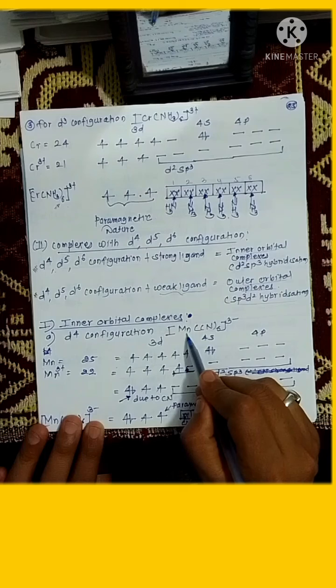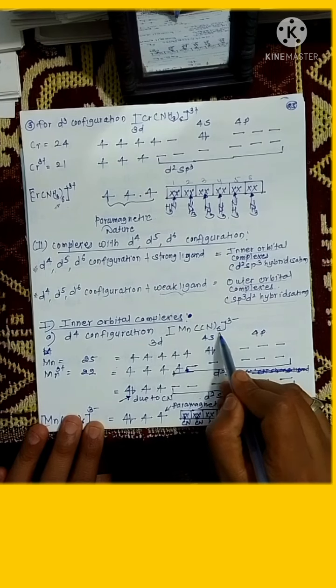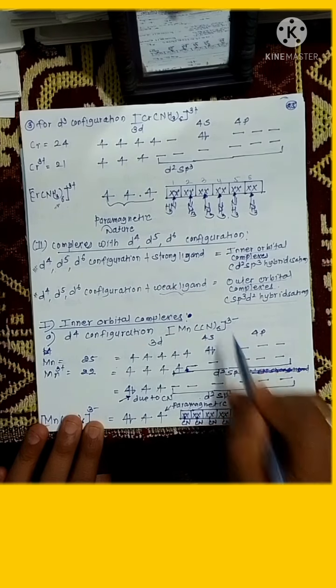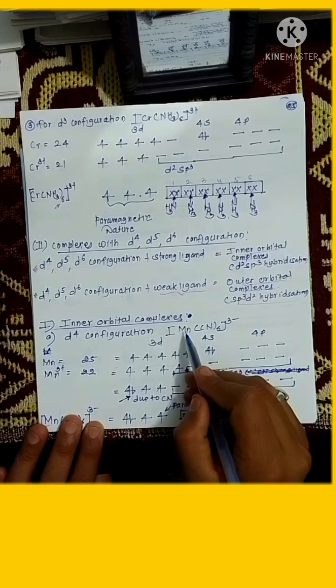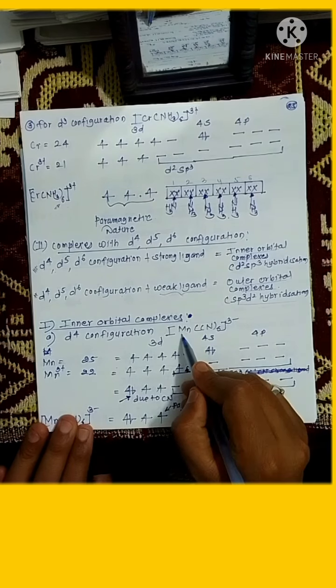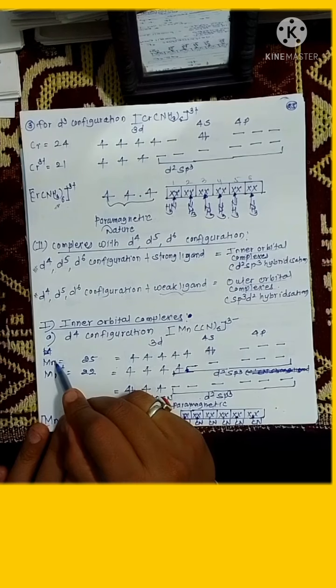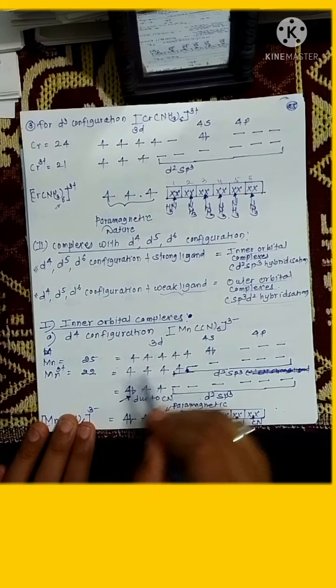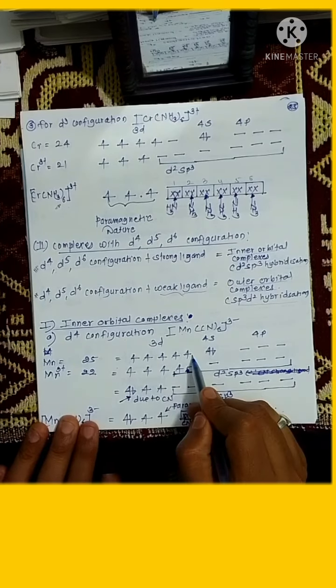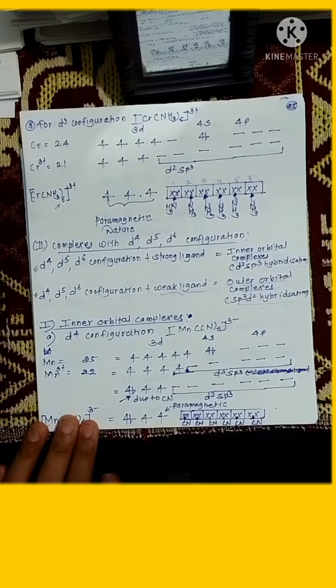So first we are going to see examples of inner orbital complexes with d4 configuration. So just see here, [Mn(CN)6] 3-. In this example, the central metal atom is manganese. The atomic number of manganese is 25. So it is written as 3d5 4s2.